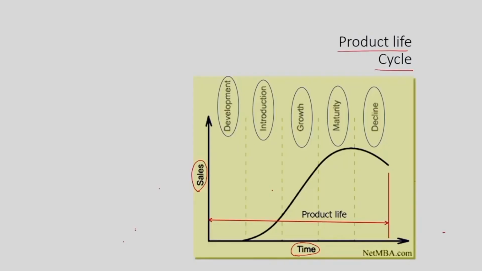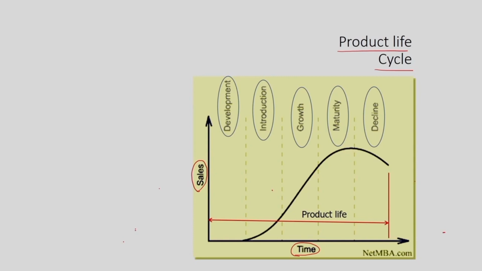So, in this case there is decline in the product. The declining will start after achieving the peak, and after some time the product will not have any customers in the market.